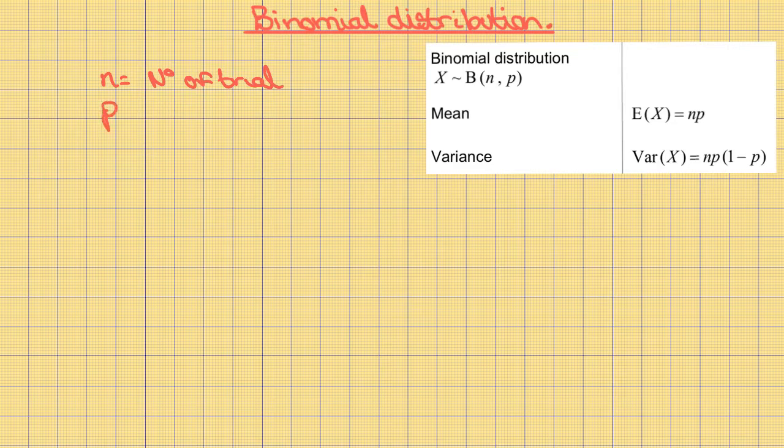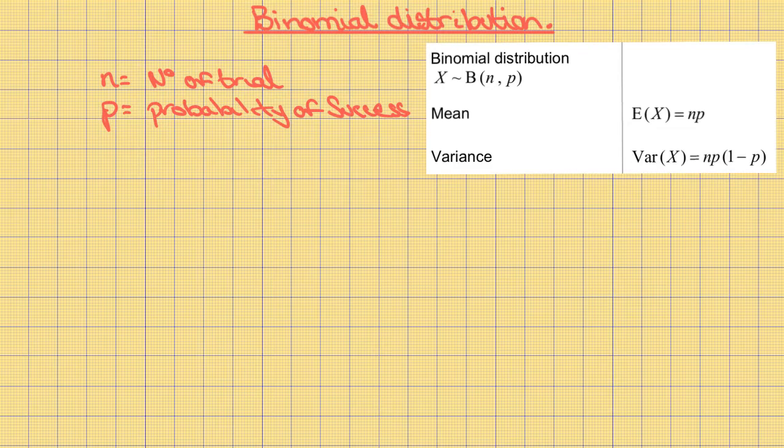So P is the probability of success. In a binomial distribution question, you will only have 2 probabilities, success and failure. P is a success, Q is a failure.